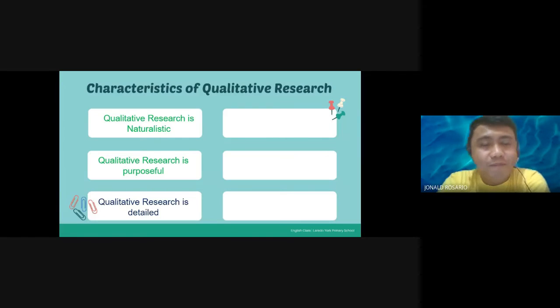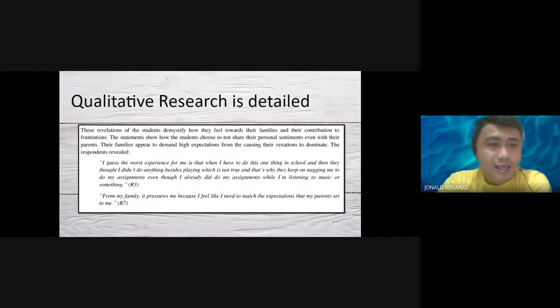Okay, next. Qualitative research is detailed. Detailed. Why detailed, class? So, why detailed? A thick description of data gathered from the participants makes this type of study a detailed one. Bakit siya sinabing thick description of data gathered? Because as you see here, galing po ito dun sa study na sinasabi ko sa inyo kanina.